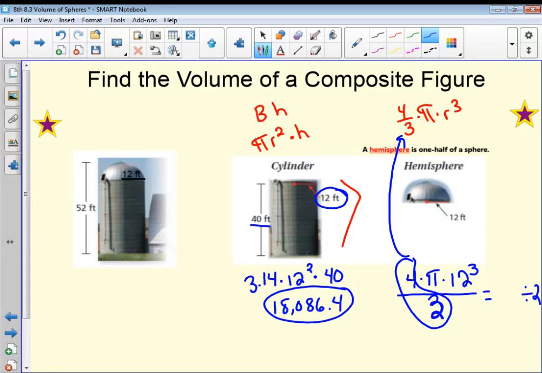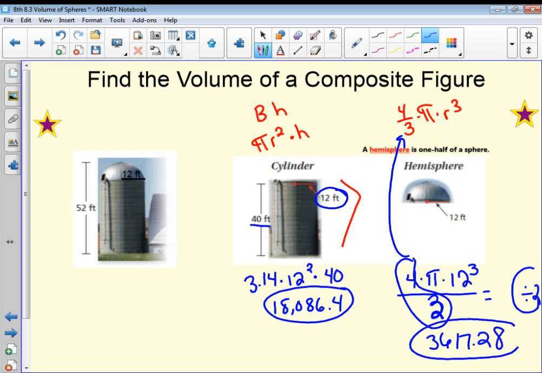So 12 times 12 times 12 gives me 1,728, times 3.14, times 4. Now I'm going to divide that by 3, and when I do that, I get 7,234.56. Now I have to divide by 2 because it's only half of a sphere. When I divide by 2, I get 3,617.28.